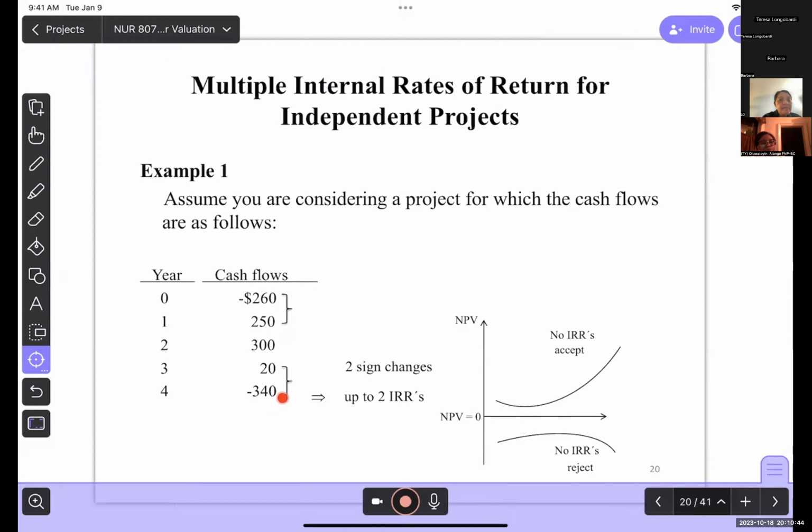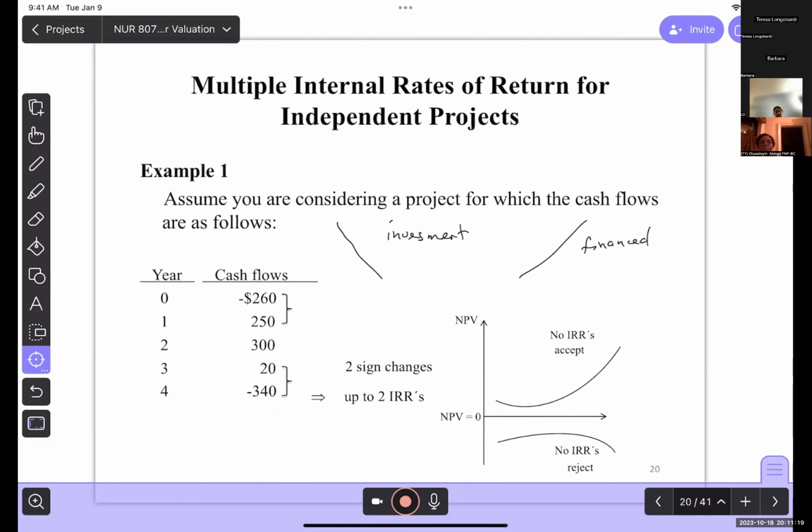What this means is you're not going to get just a downsloping curve. If it's an investment project, it's going to be a downsloping curve. If it's a finance project, it's going to be an upsloping curve. But if it's two sign changes or more, it's neither of those, okay?